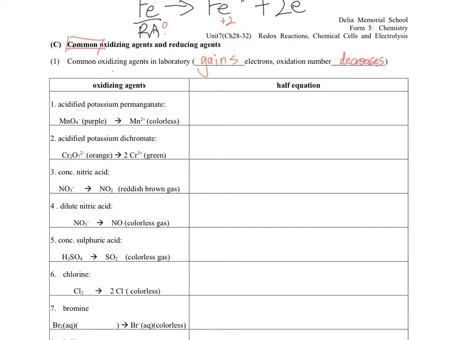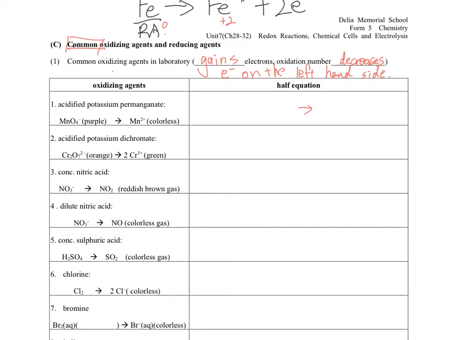That means the electrons will always be on the left hand side of the half ionic equation.